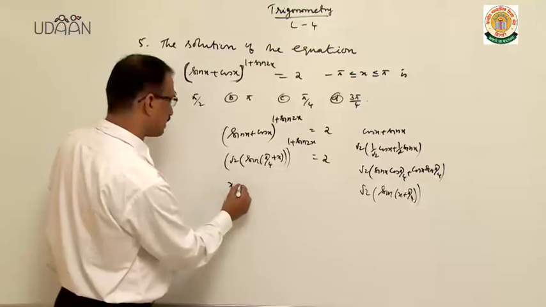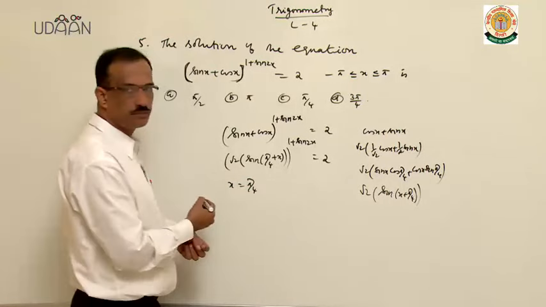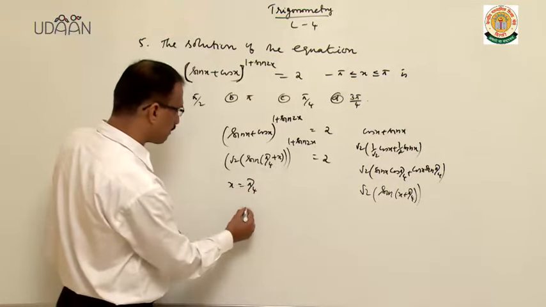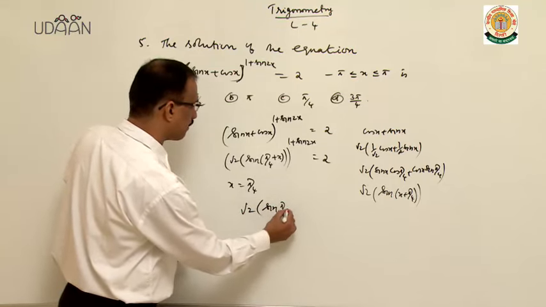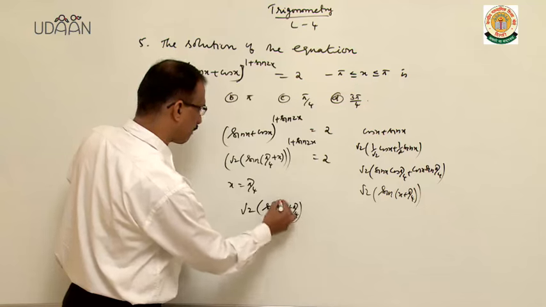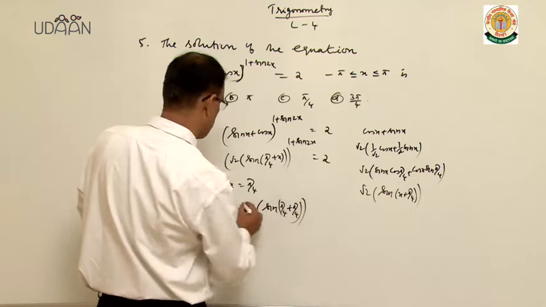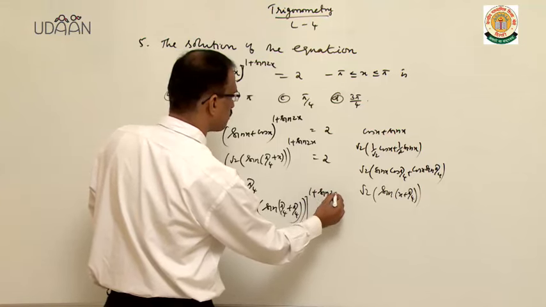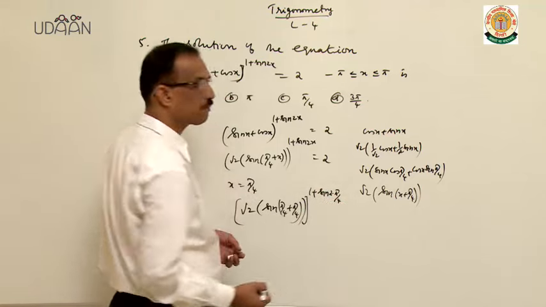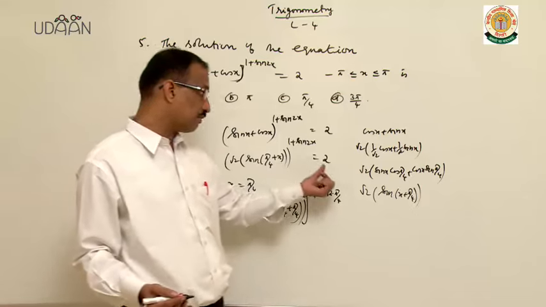If x equals pi by 4, what you will get is root 2 into sin of pi by 4 plus pi by 4, whole power 1 plus sin 2 into pi by 4. Is it satisfying equal to 2 or not?